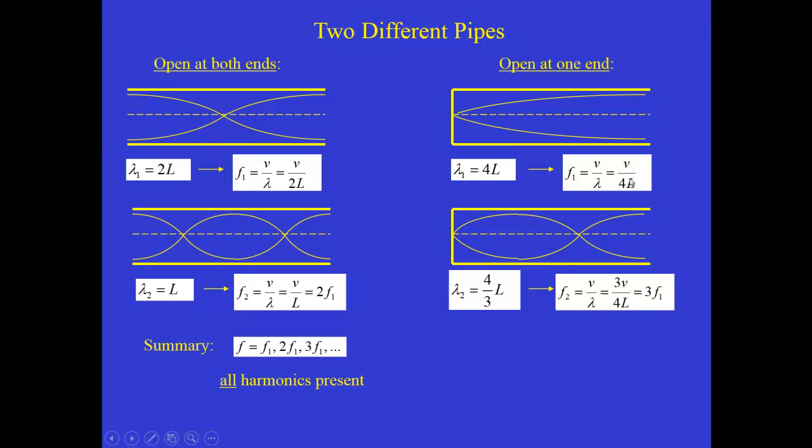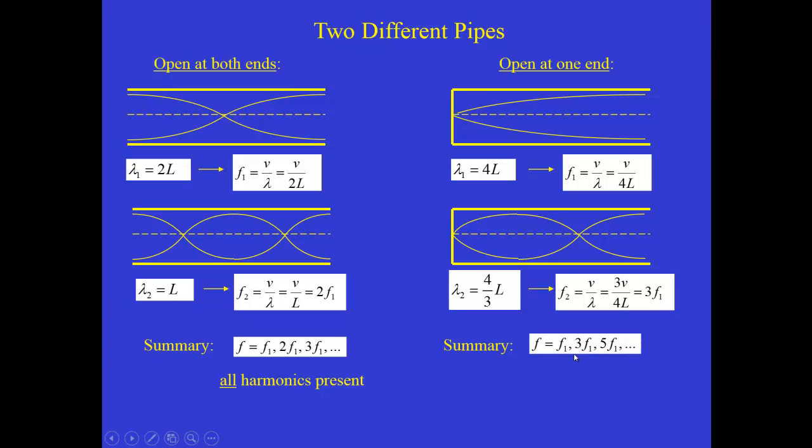And notice this. This is where it gets interesting, because that is 3 times the lowest frequency. So even though one might think of this as F2 because it's the second highest frequency that you can have, it's not equal to twice the first harmonic, and in fact it's actually the third harmonic frequency, because it's the third multiple of the lowest frequency.